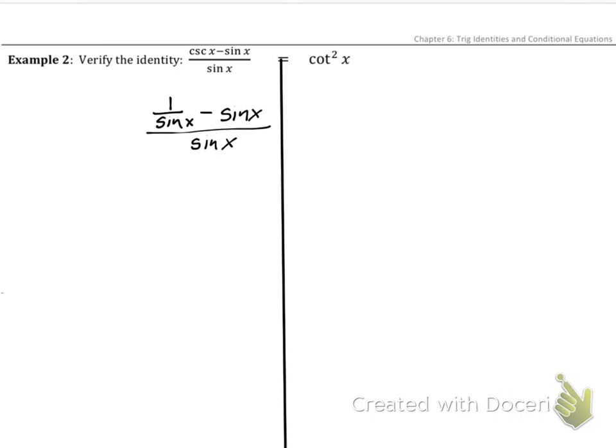And so we're going to turn this into two separate rational expressions where we have 1 over sine of x all over sine x minus sine x over sine x. So I just broke it apart.